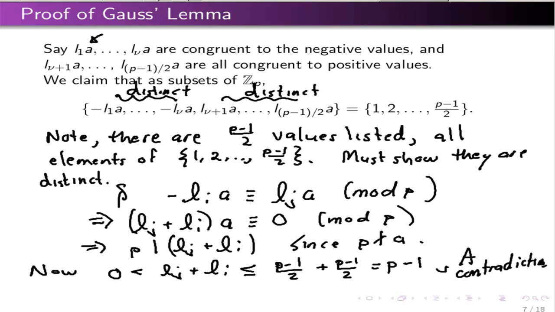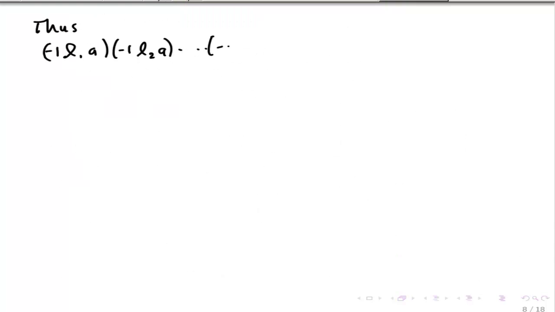So when you take (-1)^{l_1} a times (-1)^{l_2} a times ... times (-1)^{l_ν} a, and then you go l_{ν+1} a up to l_{(p-1)/2} a, so those are all the distinct multiples.